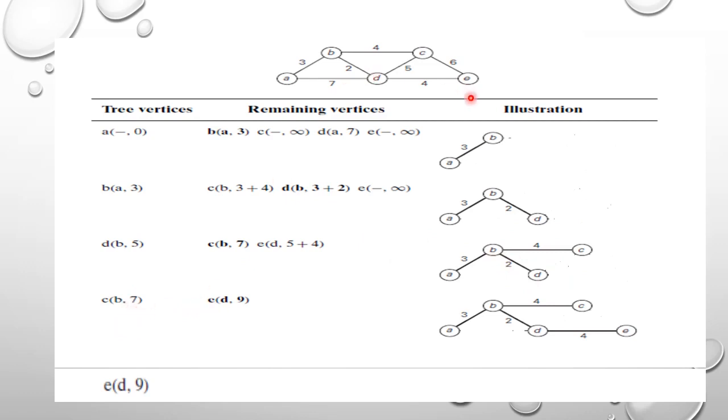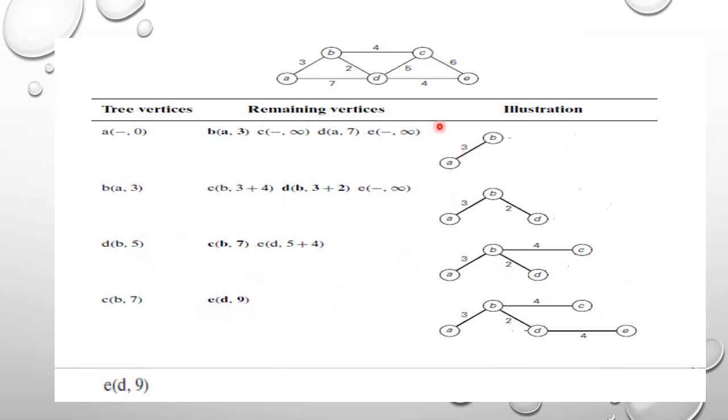That is E. The remaining vertex is E, and E is close to which vertex among the tree vertices? We have in the tree vertices right now A, B, C, D. Among A, B, C, D, only D and E can form an adjacent vertex. D is near. So E's near vertex is D. D's distance is 5.